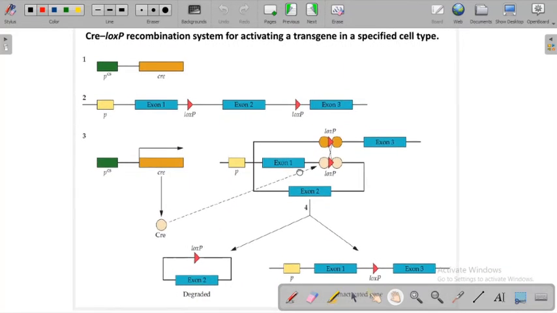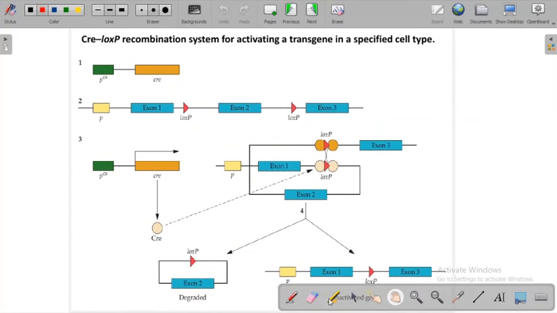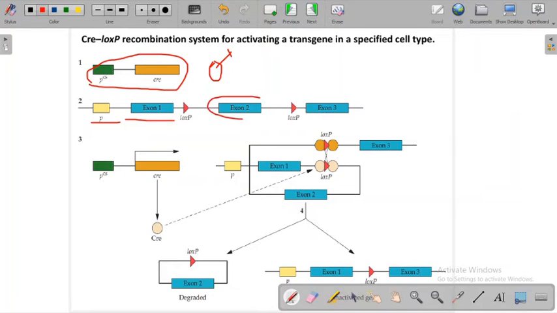Suppose one species, the male or female, anyone, contains the Cre gene. The female one contains the promoter region, exon 1, but exon 2 is specifically a termination sequence. That means this is the complete gene. If we transcribe and translate that gene, it will produce the complete protein molecule, whatever it is.